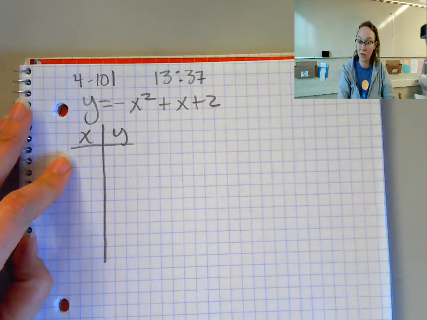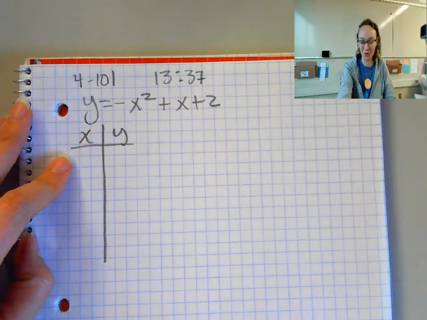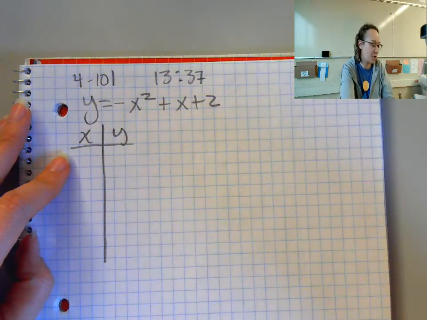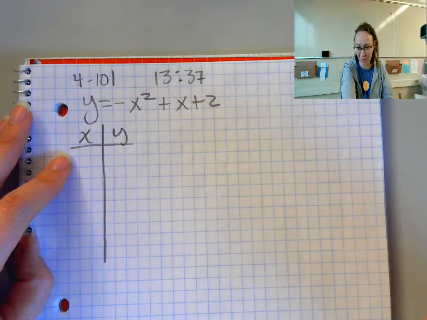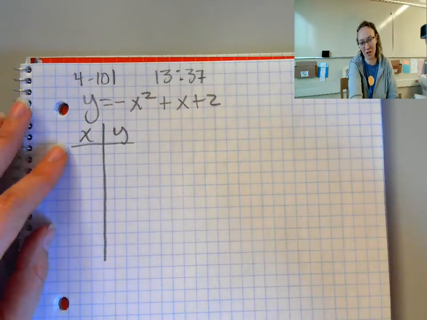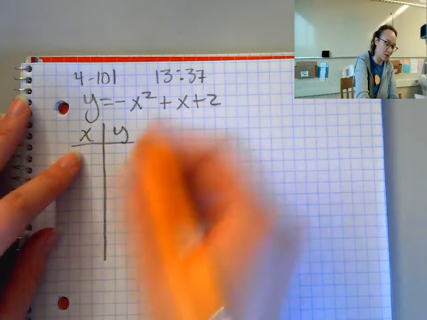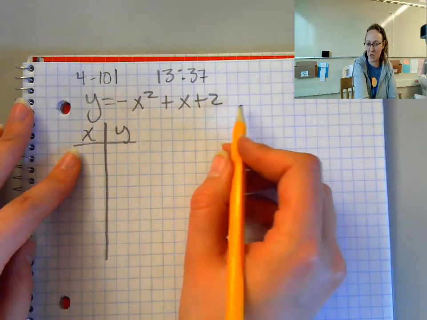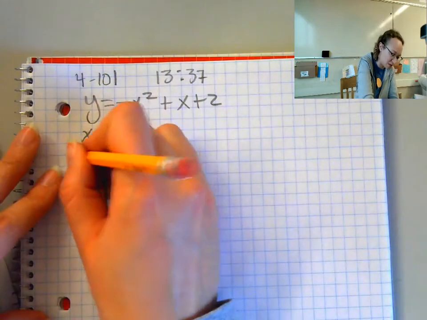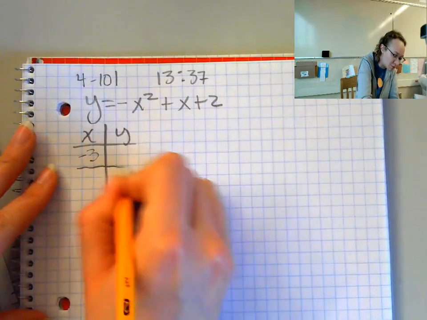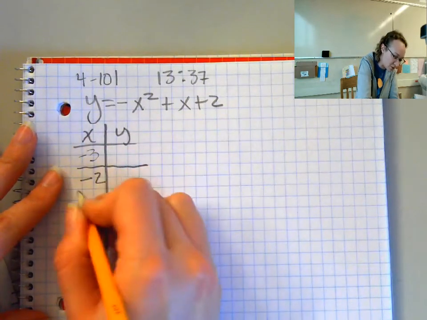All right, and on 101, you're told to make a graph, but we don't know any shortcuts for graphing parabolas yet. You will learn some, but for now you just need to make a table. These numbers all look kind of small and reasonable, so we're just going to go from -3 up to 3 for our x values.